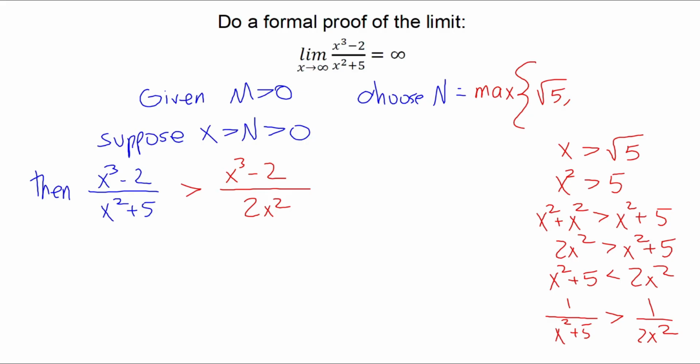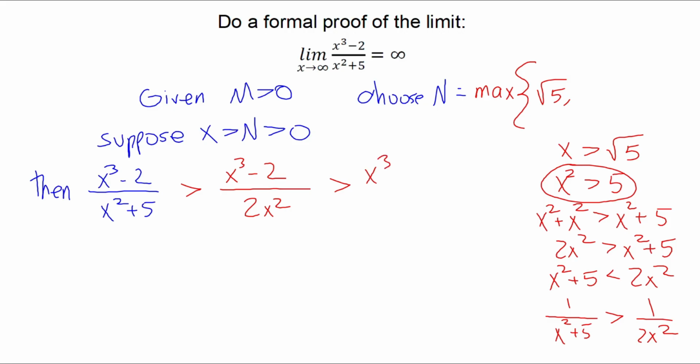And then we should also recognize that I can make that numerator bigger in any way I want to, and I would still get a greater than here. And since I know that x squared is greater than 5, if I were to multiply the 2 in that numerator by x squared, I would certainly be getting something that was smaller than what I have here, which is what I want.